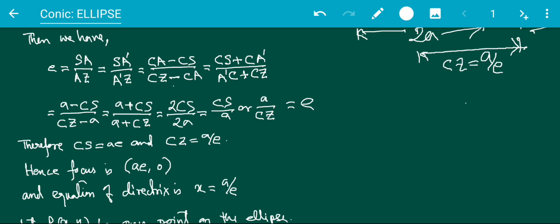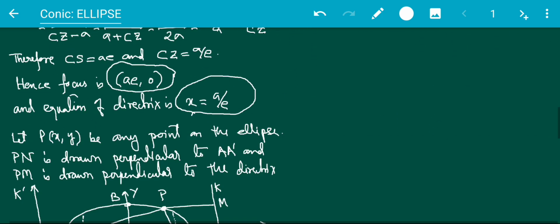So CS is the distance of the focus from C, and CZ is a by e, meaning the directrix has the equation x equal to a by e. So we have the equation of the directrix and the focus. Now we have these two, the line of the directrix and the fixed point, so we can work on finding the equation of the ellipse.